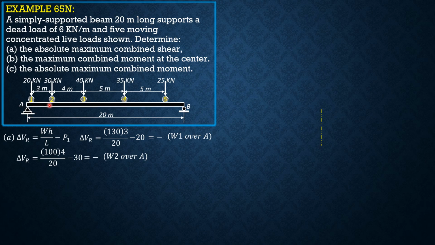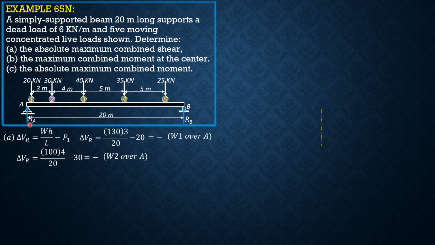Now that load 3 over A, there will be minus P1, that's why it's negative. Load 2 over A also satisfies the condition, preceding position. So let's evaluate RA by these two possibilities.